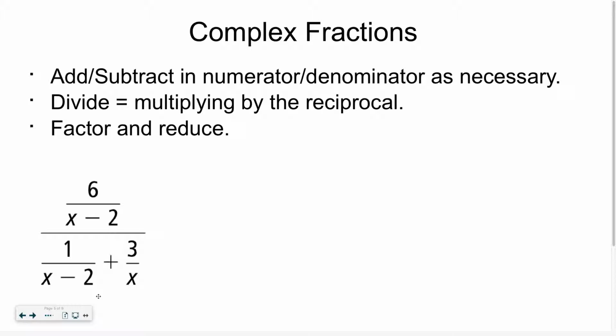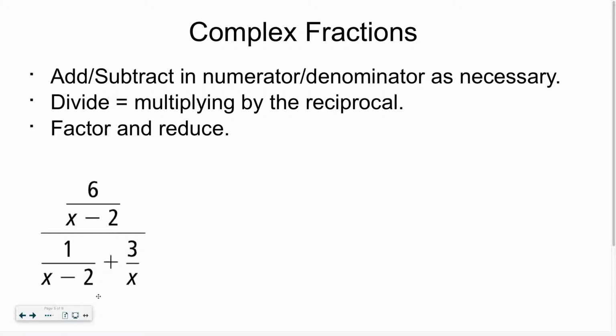Okay. The bullet points at the top are basically what you guys told me to do. Step 1, add or subtract in the numerator and or denominator. Sometimes you have to add and subtract in both. Sometimes you'll only have to add or subtract in the numerator, but not in the denominator, or vice versa. So you're trying to make it look like a fraction over a fraction.